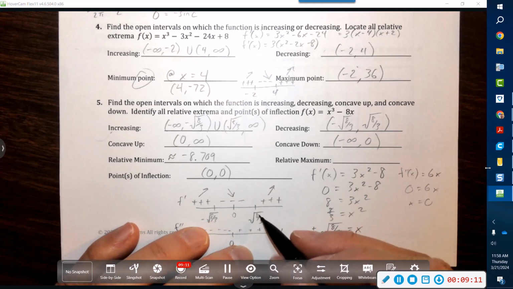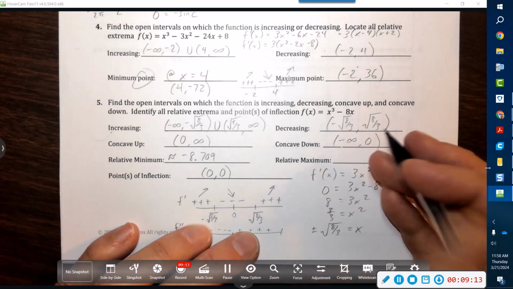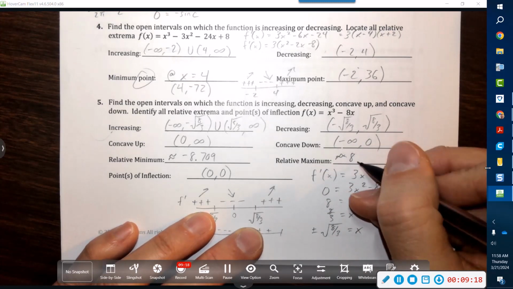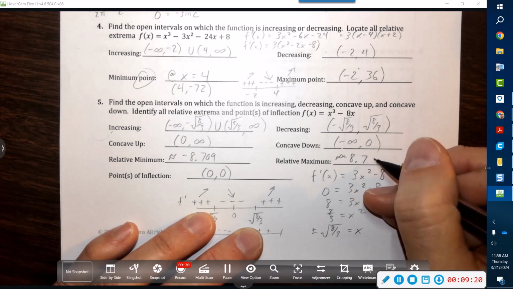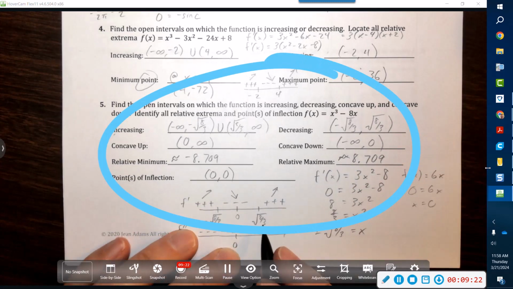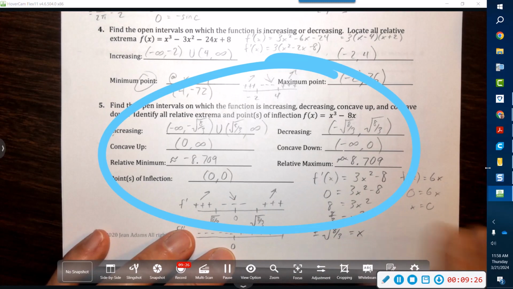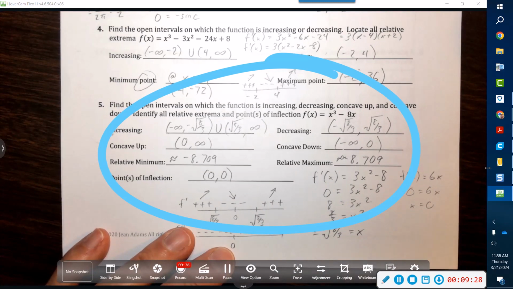When you plug in the negative version in here, you're going to get around, oh my god, positive 8.709. Now that's not guaranteed that they're going to be symmetrical like that, but in this case it is. Okay, all right, that is the first page.